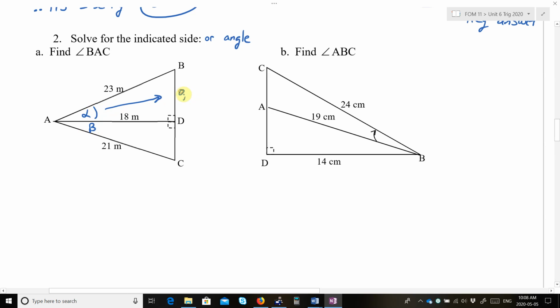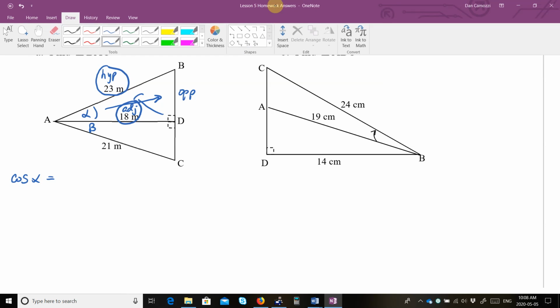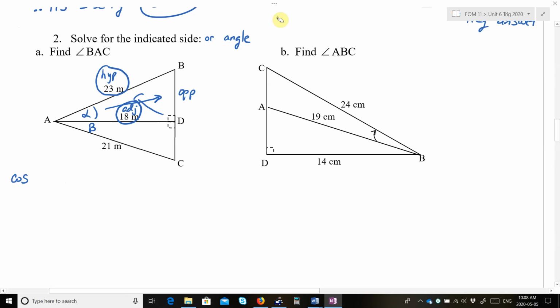In the top triangle, there's the angle. This is the opposite side. Across from here is the hypotenuse, and this is the adjacent. So we have the adjacent and the hypotenuse. That comes from cos. So cos alpha is equal to the adjacent, 18, over the hypotenuse, 23.